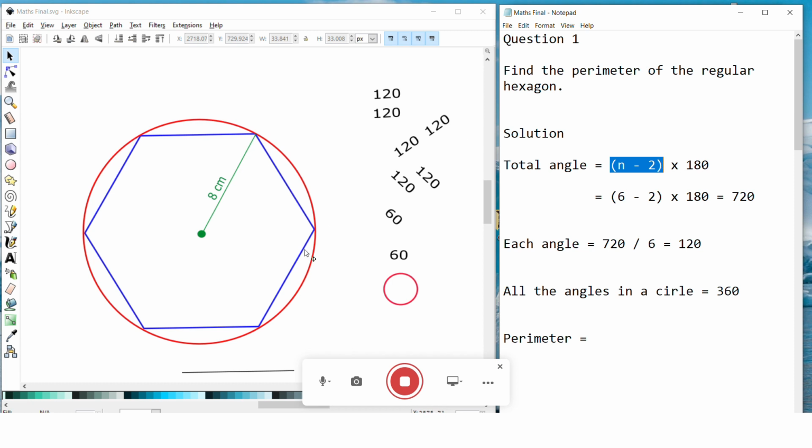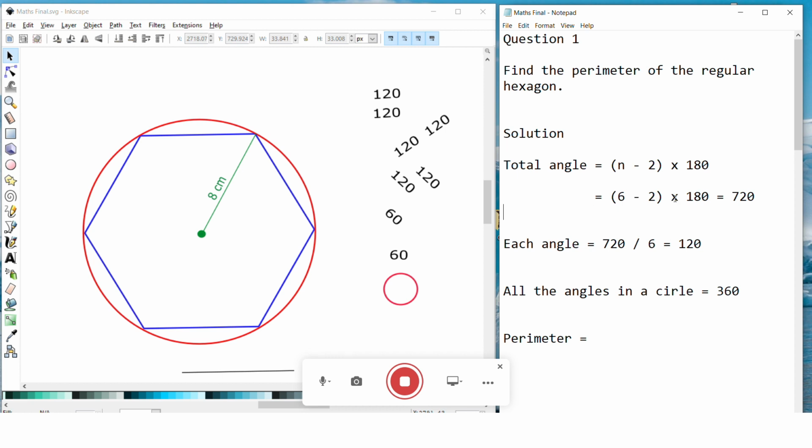Today's shape, the hexagon, has 6 sides. N represents the number of sides the particular shape has. Since it's a hexagon, we replace N with 6. The formula says N minus 2, so 6 minus 2, which gives us 4.